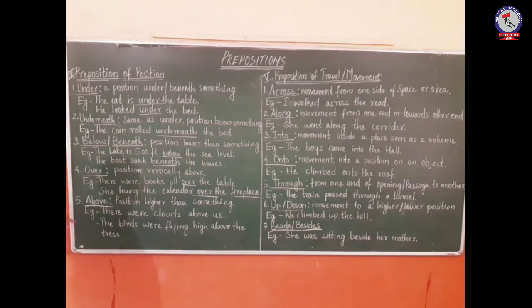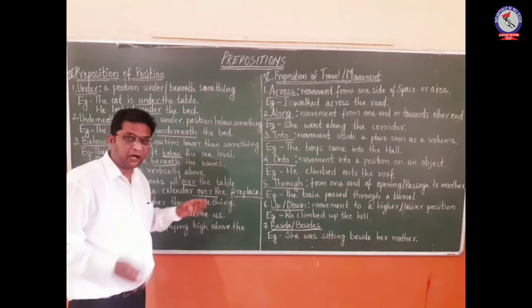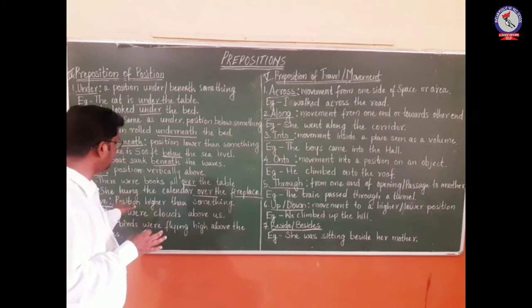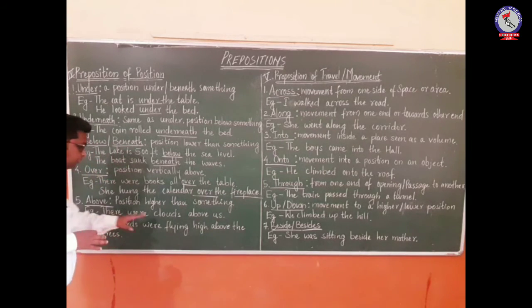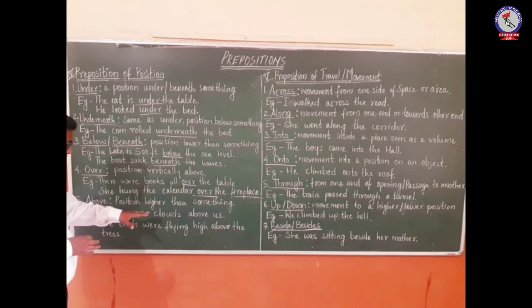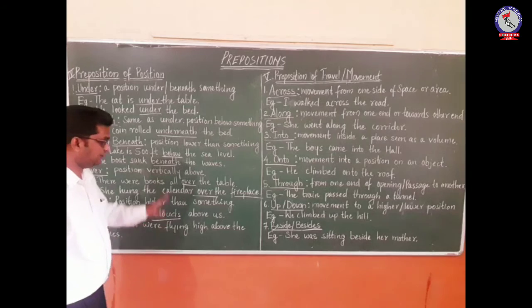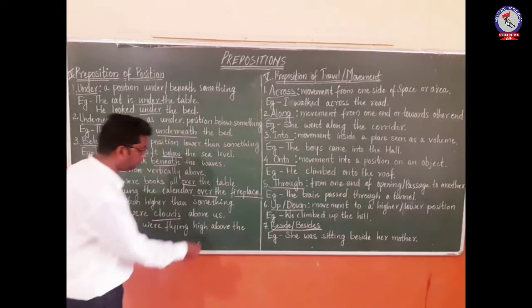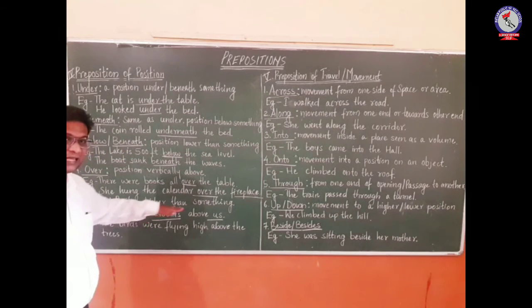Then see the last one, above. It is used to show the position higher than something. See the example. There were clouds above us. This shows us the higher position of the clouds.